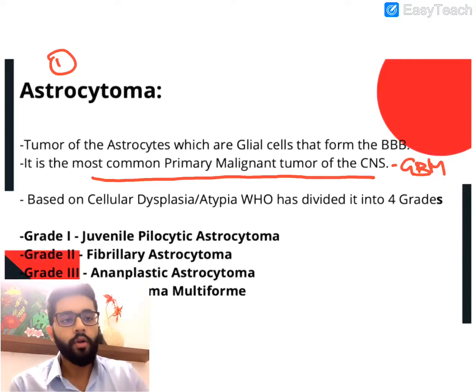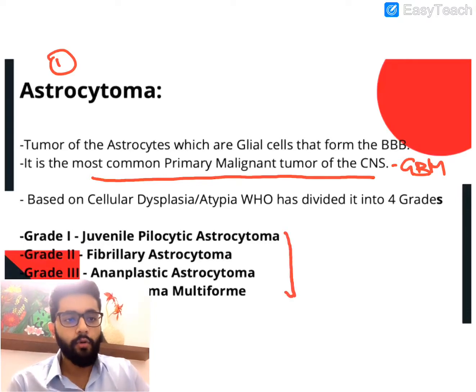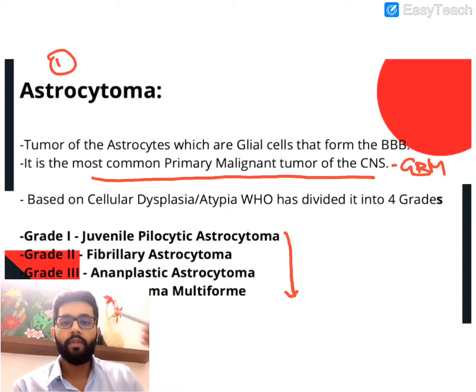It's important to note that as you go from grade 1 to grade 4, the atypia increases. So there's more atypia in grade 4 as compared to grade 1. Similarly, the aggressiveness and the malignant potential also increase.